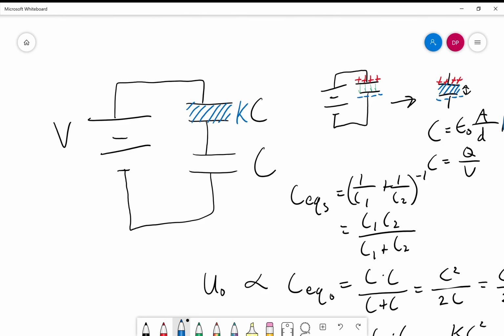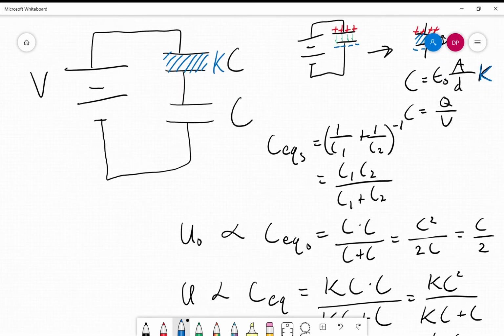But this should not affect the overall voltage. It's going to affect the charge. But if you look at it separately, then you might get really confused. So you have to take a look at the overall capacitance and what changes between those, while keeping your voltage the same, which means your charge has to increase.